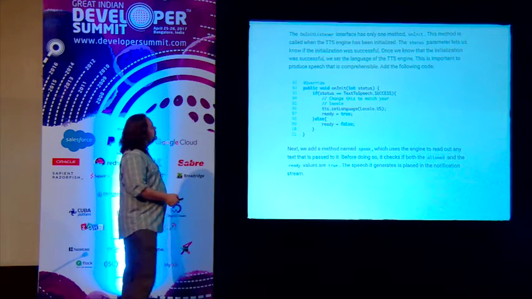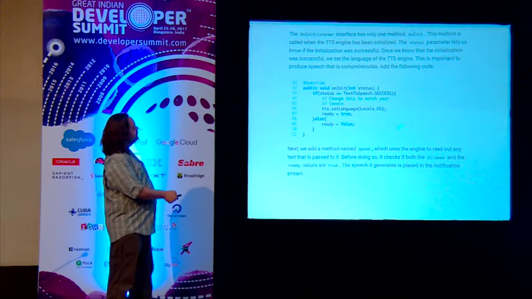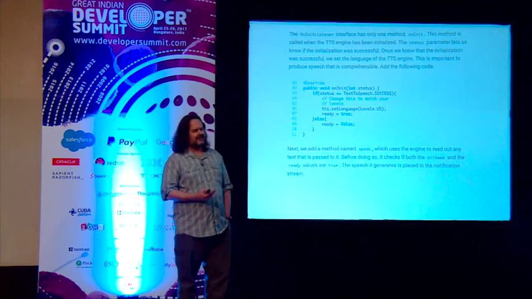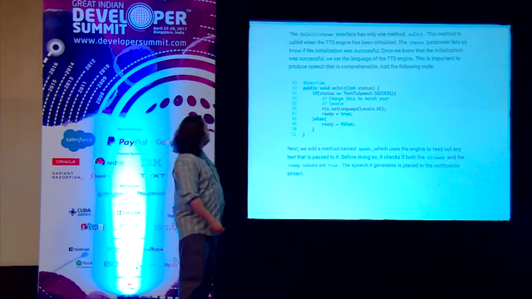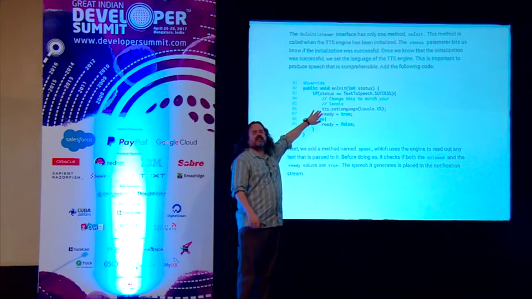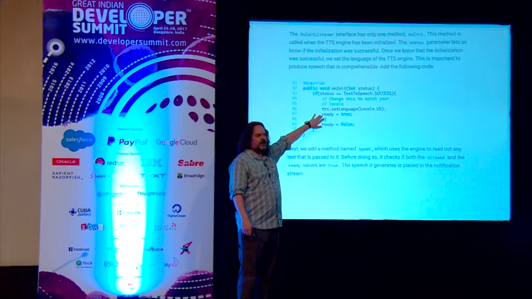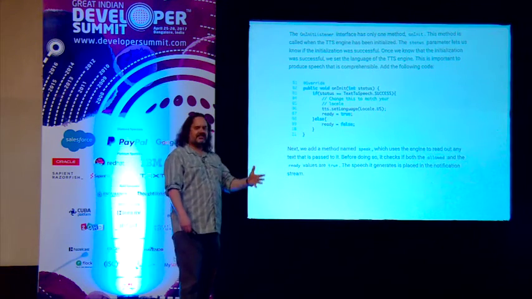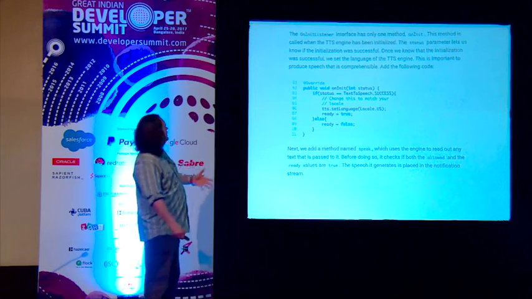So here's what our on-init would look like. It's making sure that that text-to-speech library is there. And if it is there and initialized, then we're going to go ahead and set our language and say we're ready to start talking. So the same thing we're seeing all along here with voices and locales is going on.